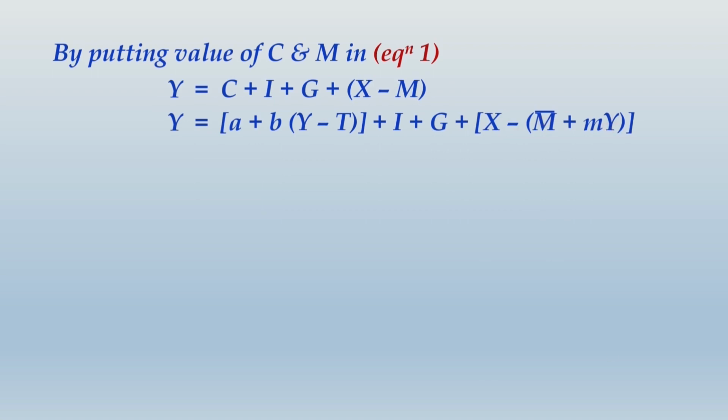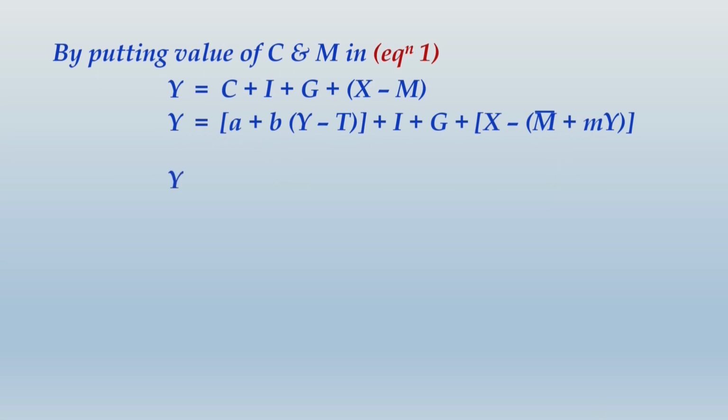And now when you are solving this, we will first be multiplying B with Y and B with minus T. Similarly, over here, when you open the bracket, the minus sign will change the signs within the brackets, because outside the bracket we have a minus sign. Keeping that in mind, just understand how to take the equation ahead.